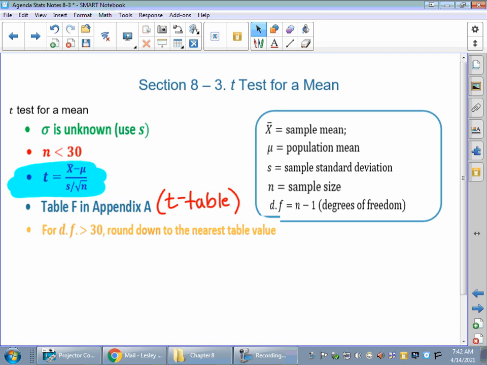If your degree of freedom is greater than 30 and it's not on the T table, say it's 44 for your degrees of freedom, you round down, so you'd go to 40 for your degrees of freedom, not to 45. So one more rounding rule. Very seldom do we have a sample size greater than 30, but if we do, because we don't know sigma, round down on that table; you're technically going up the table because you're going to the smaller degree of freedom.